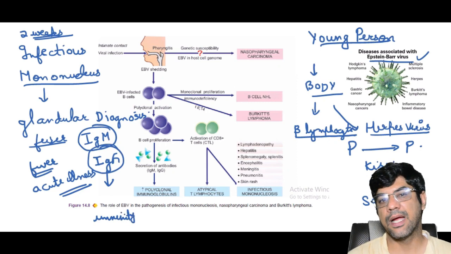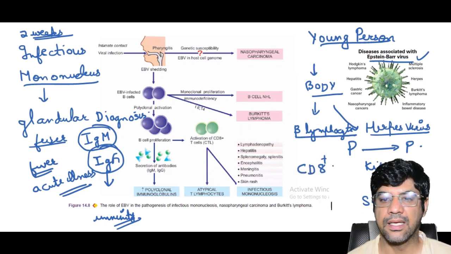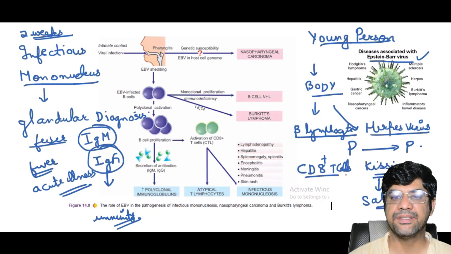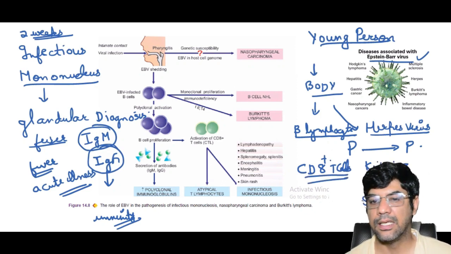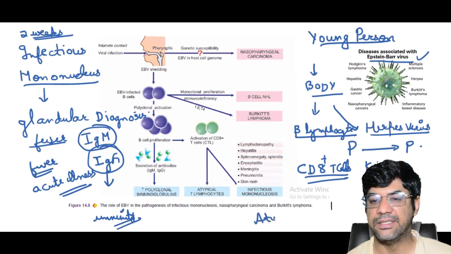Now there would be activation of CD8 T cells. They will kill the infected B cells, leading to the presence of atypical lymphocytes in the blood.